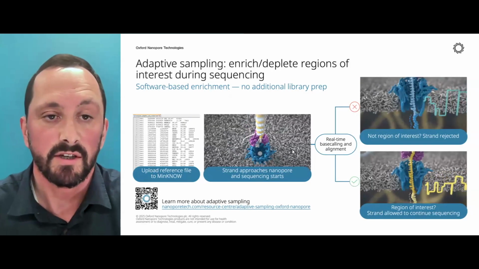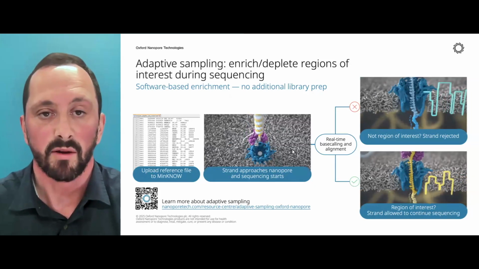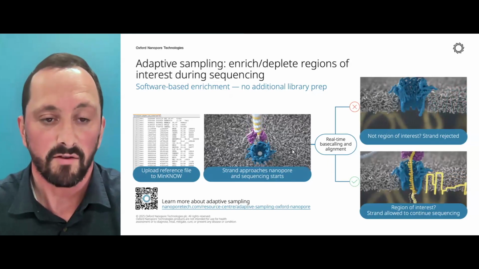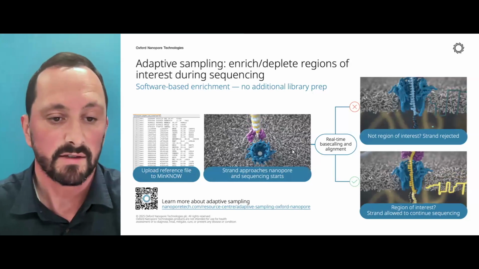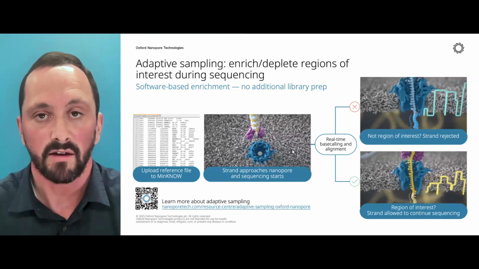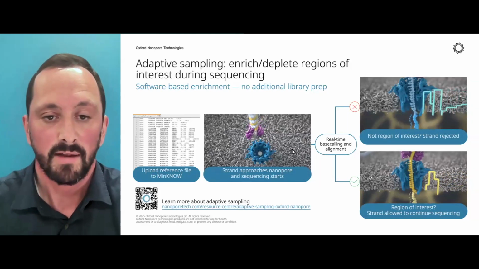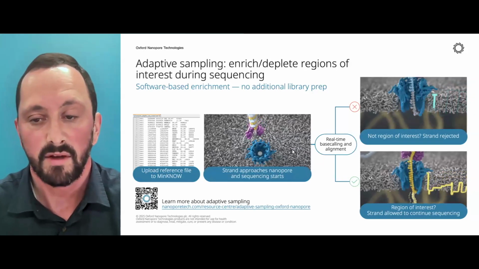This workflow can also be done with our adaptive sampling workflow. So this is where we enrich sequence based on the software alone. So you can enrich directly on the device using MinKNOW. You basically pass MinKNOW a bed file that has your regions of interest that you would like to enrich. And then when strands are being sequenced, they are sequenced in real time.